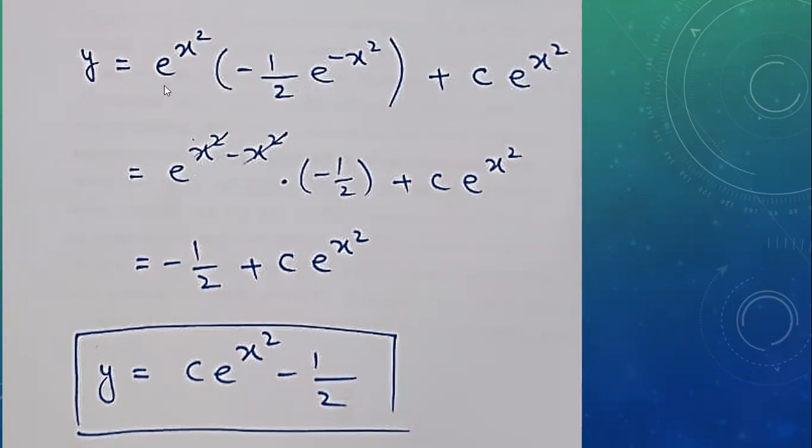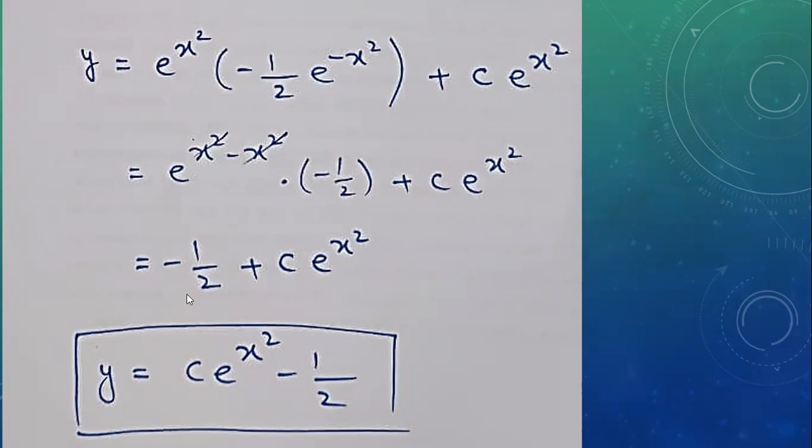Further, to simplify, this is exponential power x square and here we have exponential power minus x square. Both of them are being multiplied, so powers will be added and they will cancel each other, and exponential power 0 will give you 1. 1 times this minus 1 by 2, and this term will remain the same.